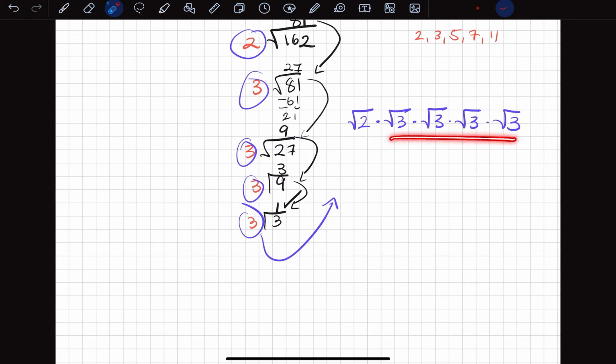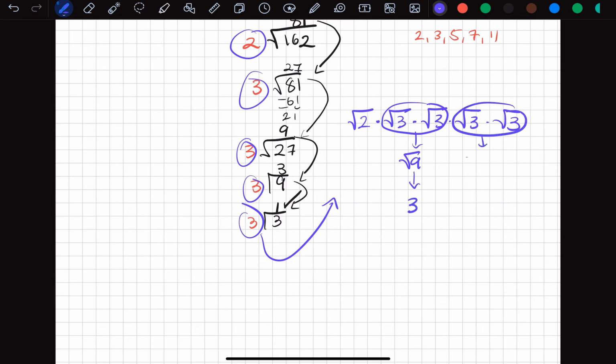We have 4 of them, so we can take these 2 groups. These 2 become root 9, which is a perfect square, and it turns into 3 without that radical. This also groups to root 9. Let me bring down that times. Breaks down to 3. And then we have our lonely root 2, which can't break down anymore.